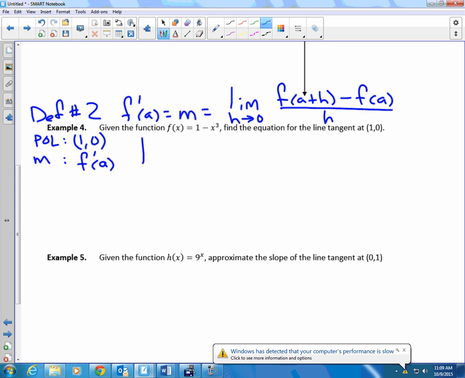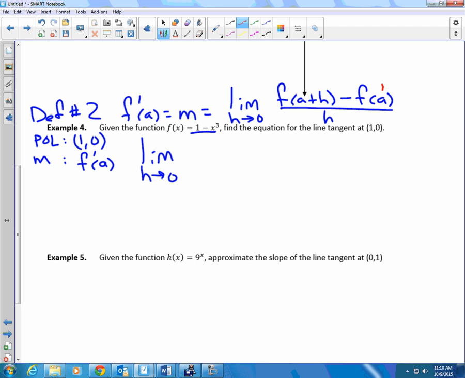So I have the limit as h goes to 0. And what I do is I take a plus h and I plug it in for what? I plug it in for x, right? I look at this piece, and everywhere there's an x, I plug in an a plus h. Remember doing that a little bit last year? You got some stuff to cancel off, and we're going to choose our a value. What is a in this problem? 1.